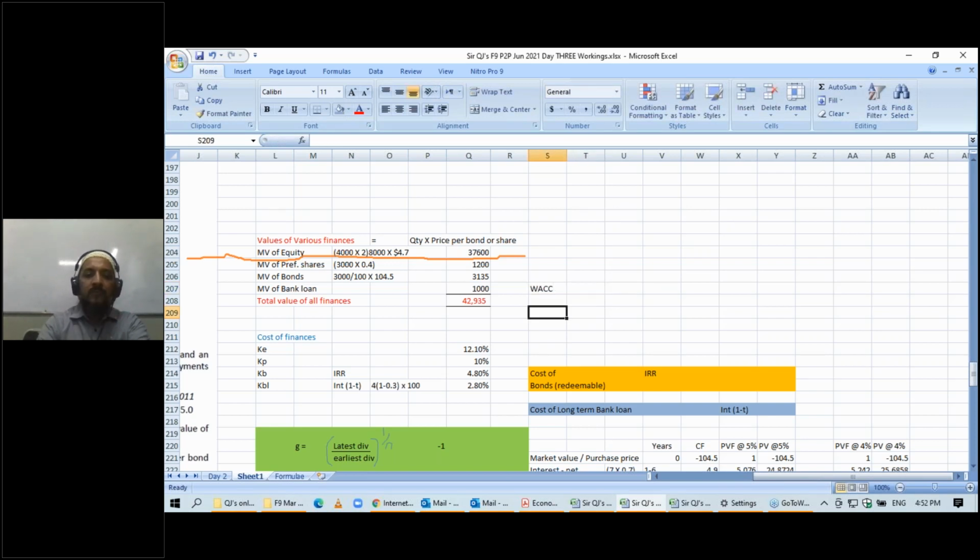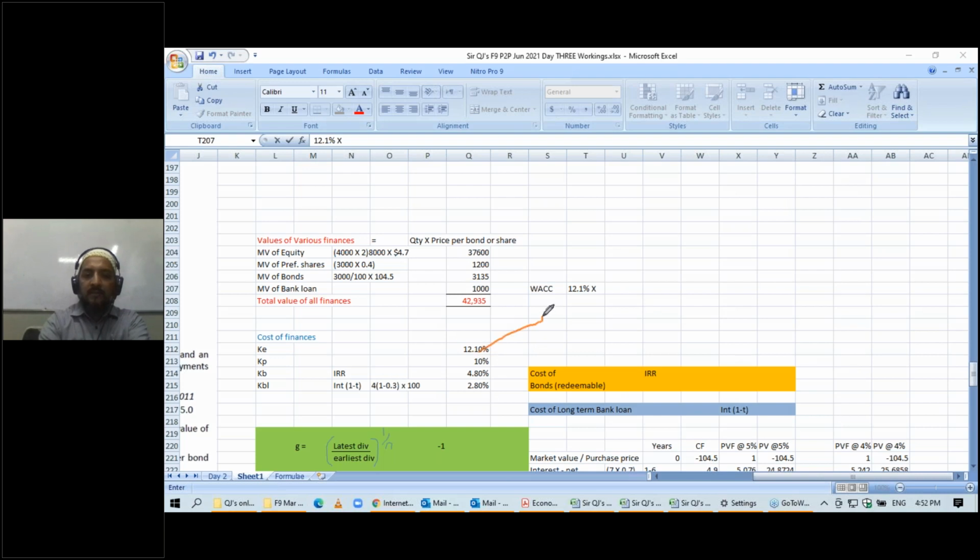First, there are 4 items, right? What I have to do, I have to multiply each item one by one. 12.1% multiplied by the value of the equity. 12.1% is the cost of equity.